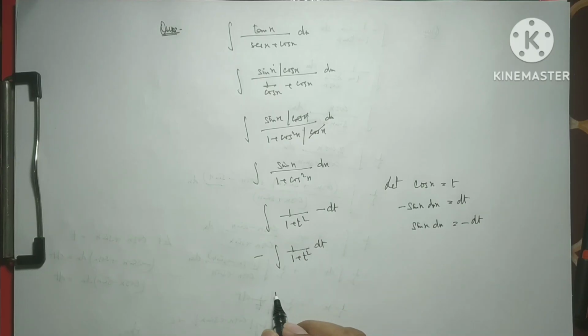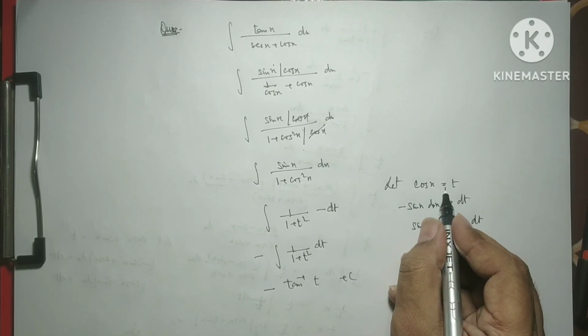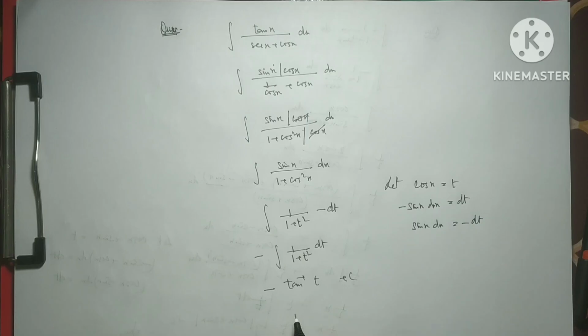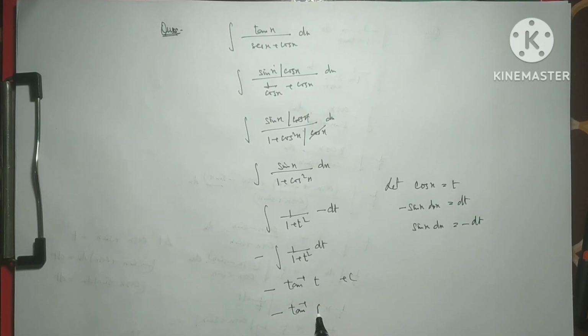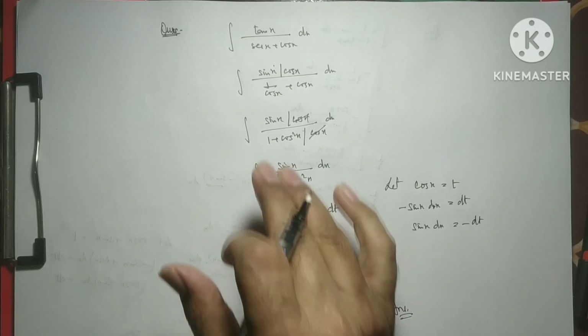It is tan inverse, so this becomes tan inverse t, and on putting the original value of t, it is tan inverse of cos x. So this is the answer of this expression.